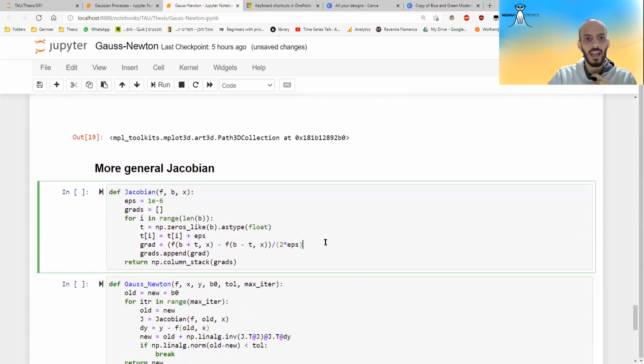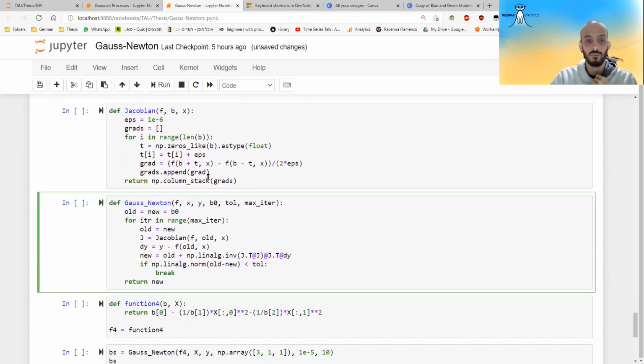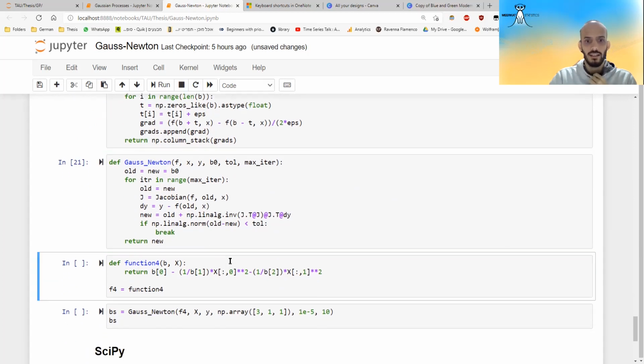And you can also have a more general Jacobian where I don't limit the number of coefficients that the function has. This is the implementation if I take a more general implementation. Okay, and I can do exactly the same function as before, only add a parameter. And if I use the same data as before, this extra parameter that I've added will be 1.